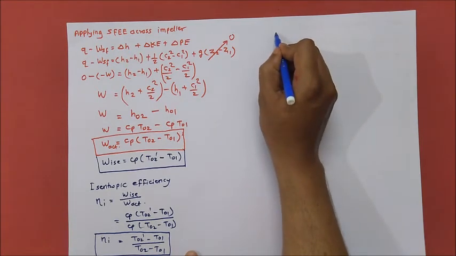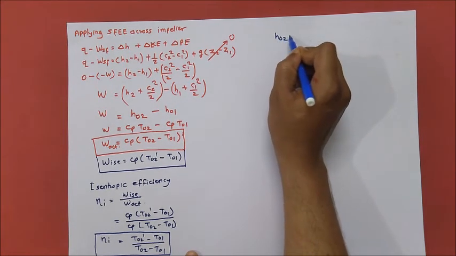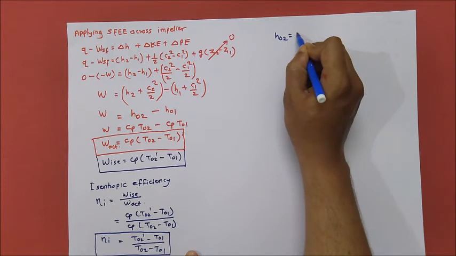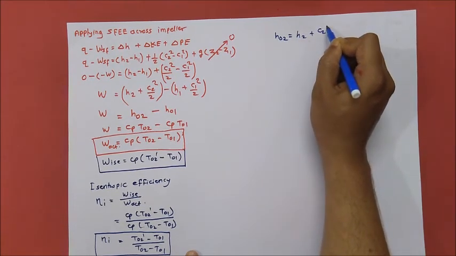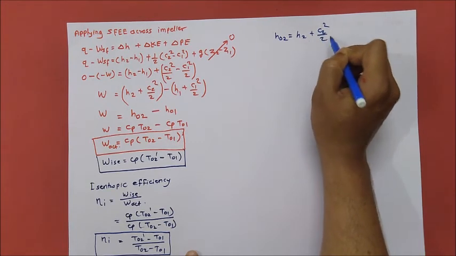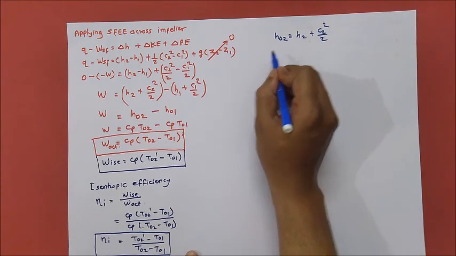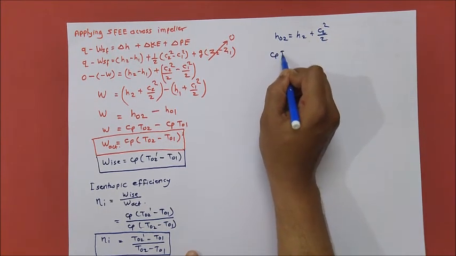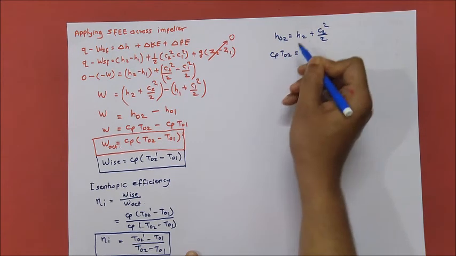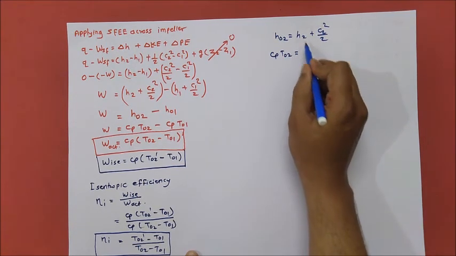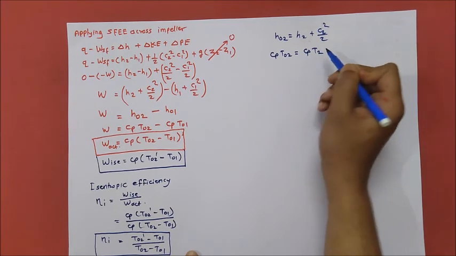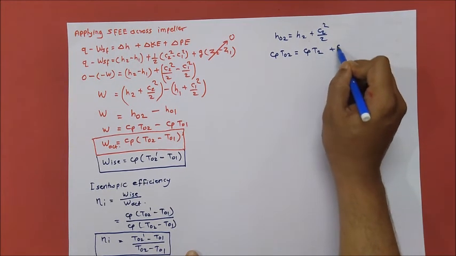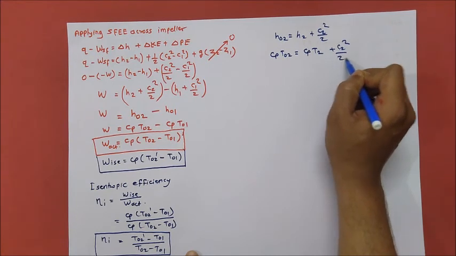Now if we observe here, we are writing H02 as H2 plus C2 square by 2. We know that H02 is nothing but Cp into T02, that is equal to H2, which is nothing but Cp into temperature at point 2, that is Cp into T2, plus C2 square by 2.